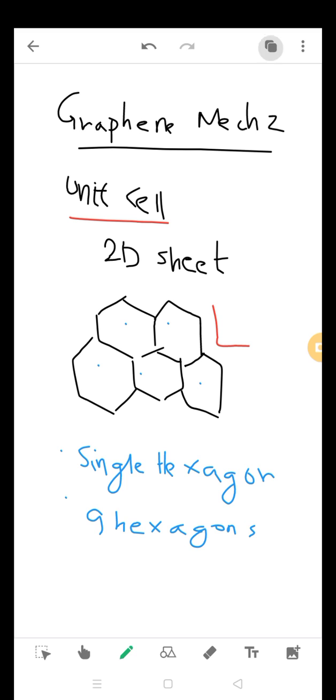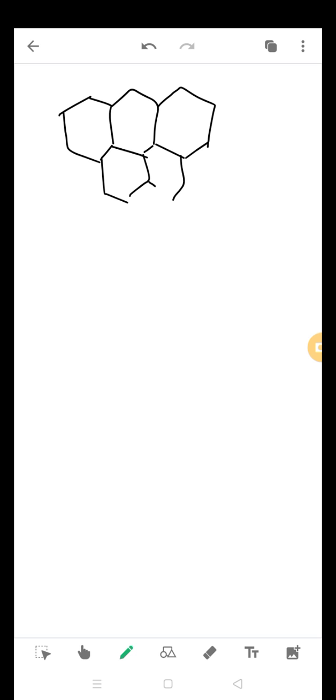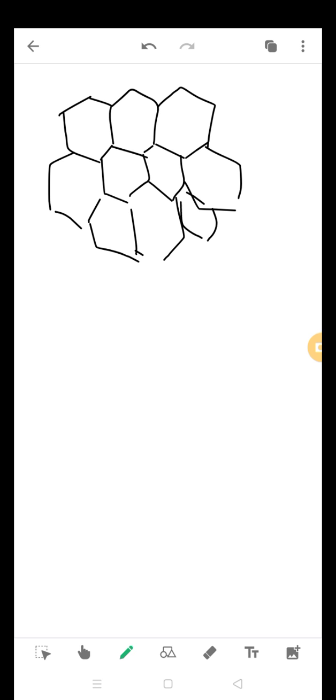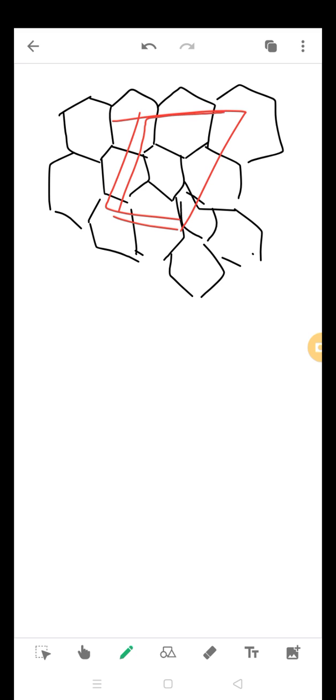So if we draw the graphene sheet once again, and add a few more, so if we take 3 of them, take 9 of these, we can form a unit cell.